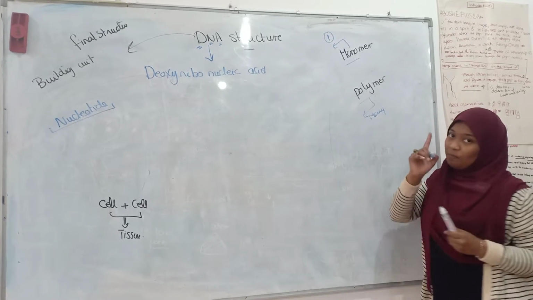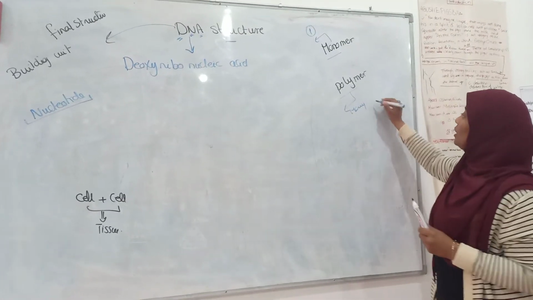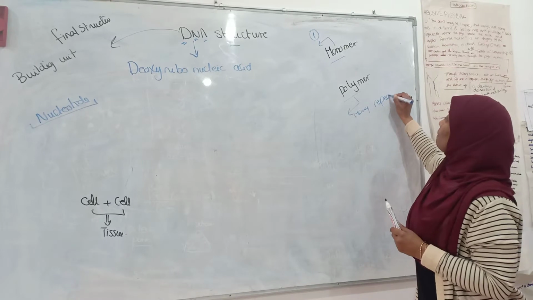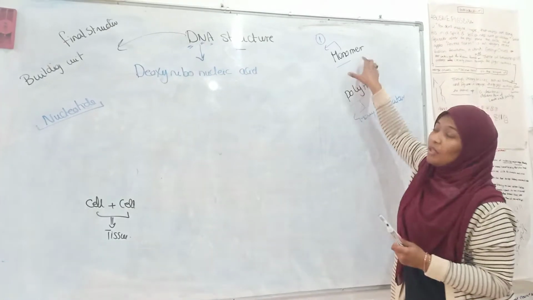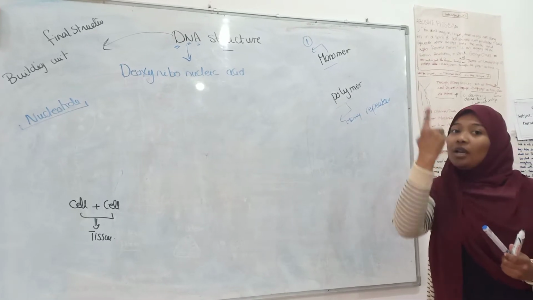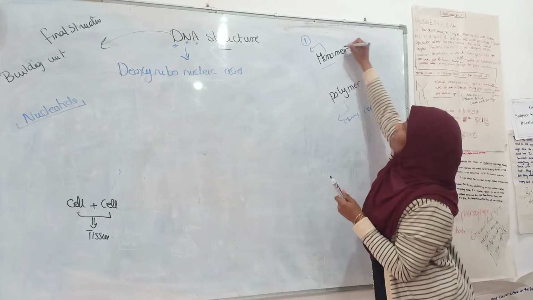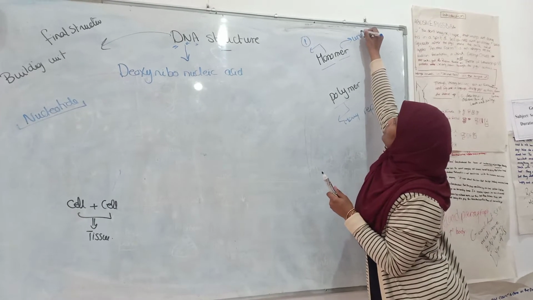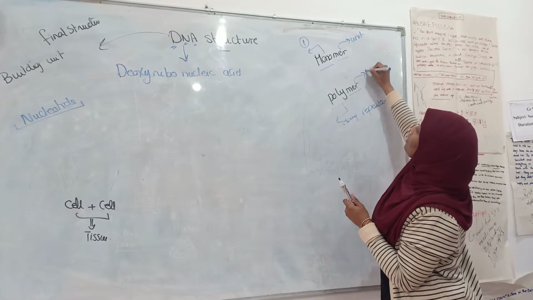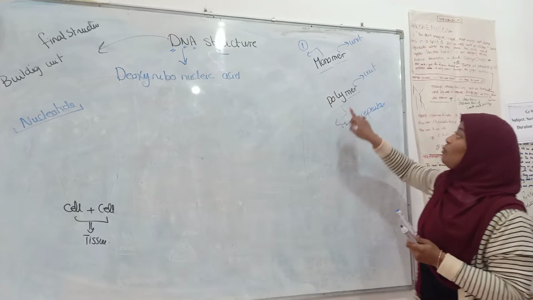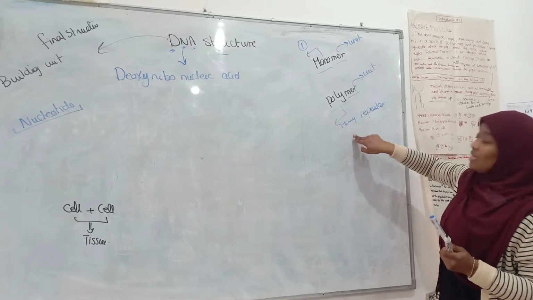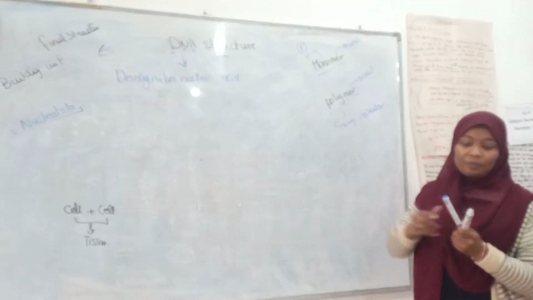But not just many, many repeated. So as if you are saying that a monomer is a unit. One unit. Polymer is many repeated units.